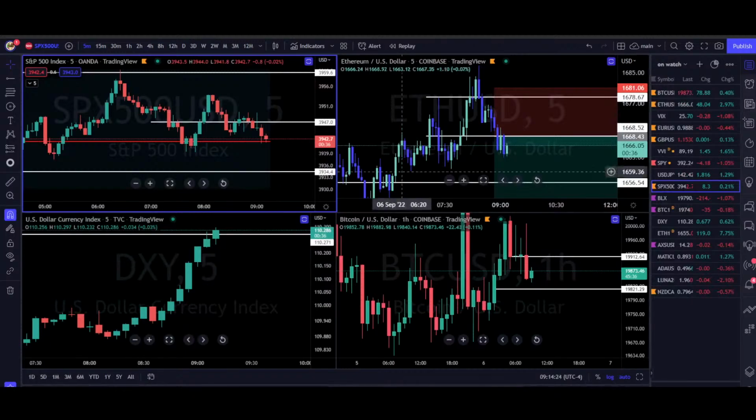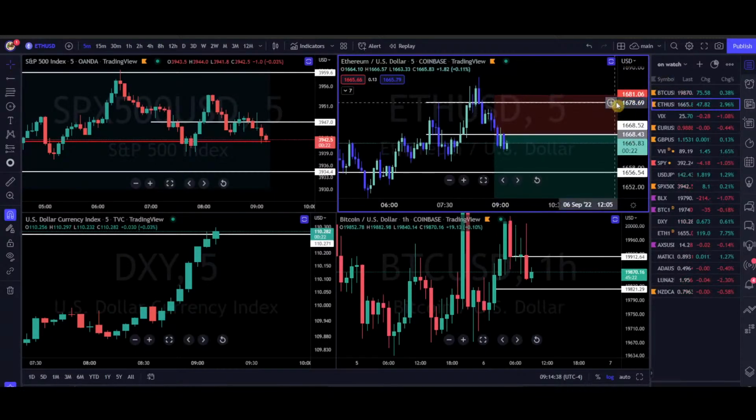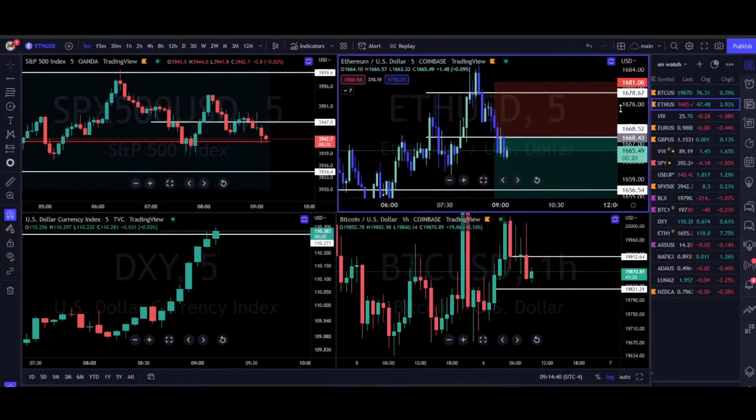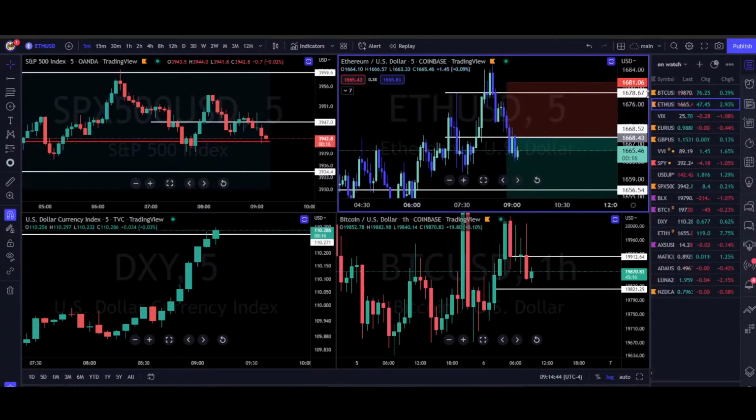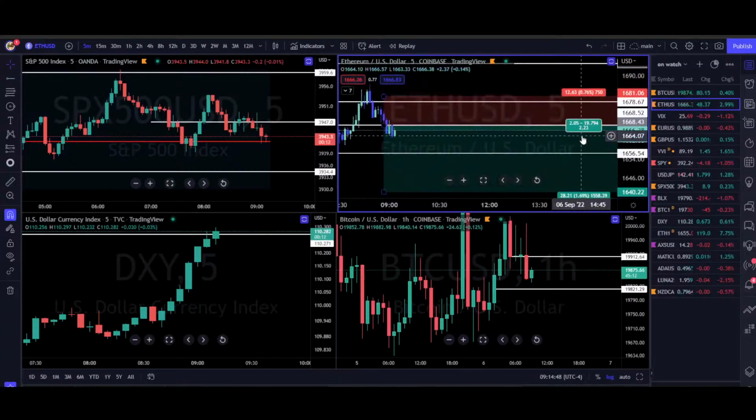Did I take the East short? No, I did not, because there was nothing up there for me to take. This was it. You didn't get up there. And then the next level to watch will be this white line. That is going to be hourly resistance. But your risk has got to be much bigger now. So what was a good 3-something to 1 risk to reward is now just 2 to 1 at best.